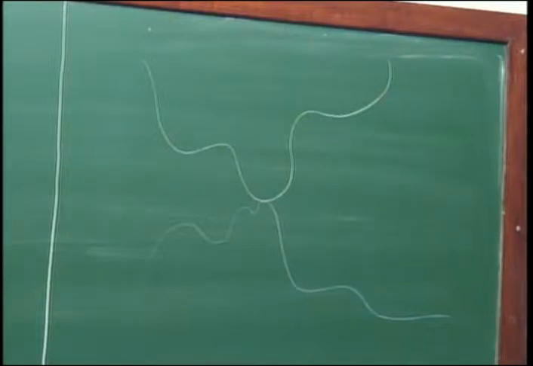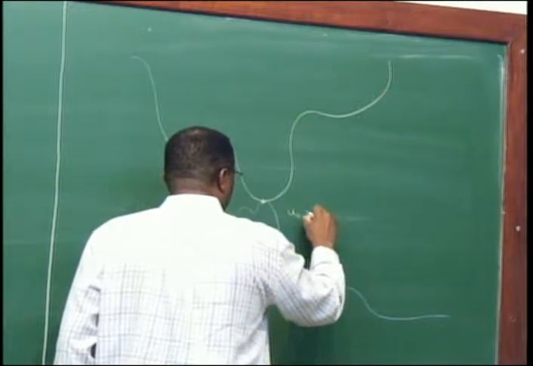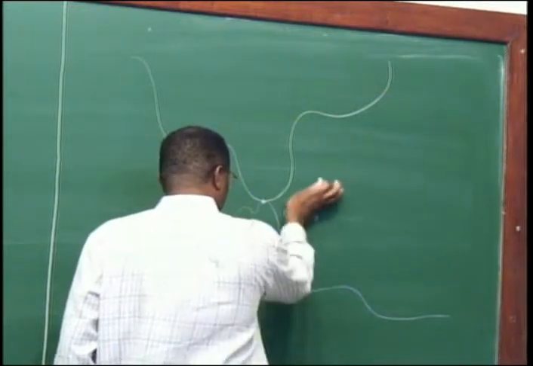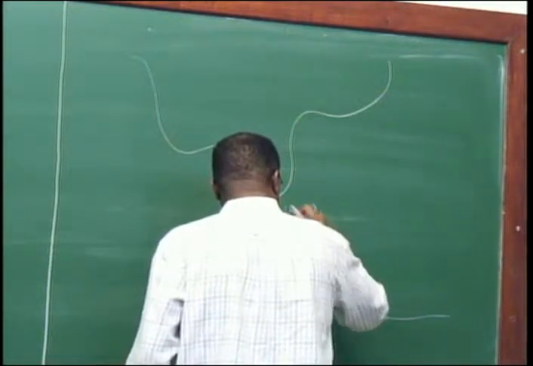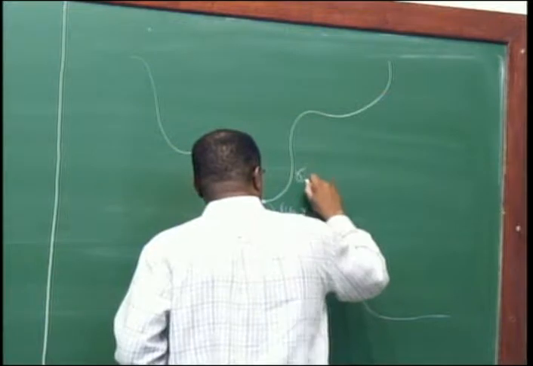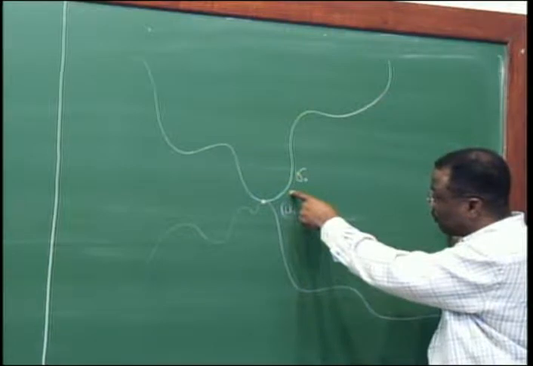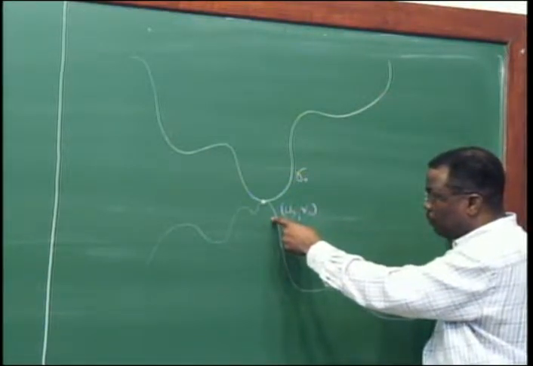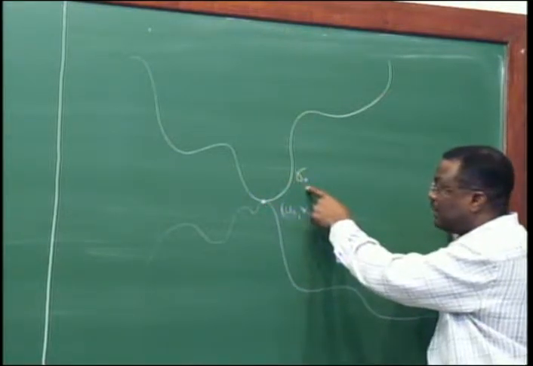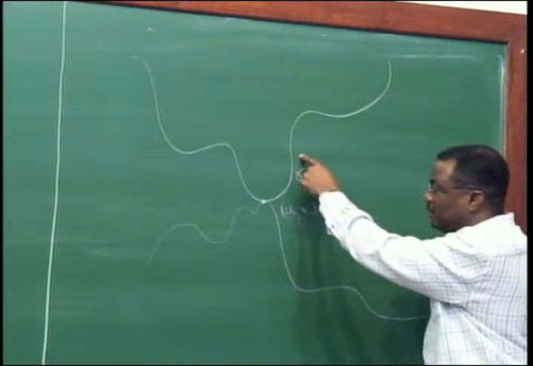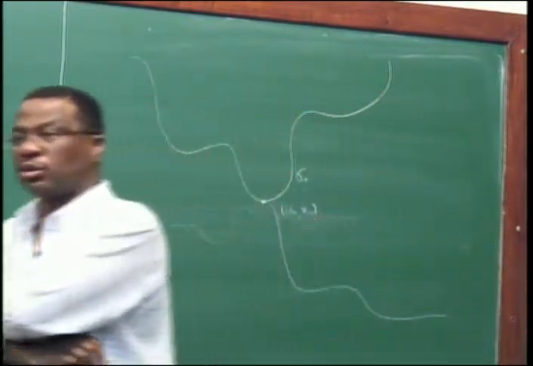Okay. So if I can find u naught, v naught, and gamma naught, such that the graph of the white function and the graph of the purple function intersect at u naught, v naught, gamma naught, it means that gamma naught minimizes the white function and u naught, v naught maximizes the pink function.